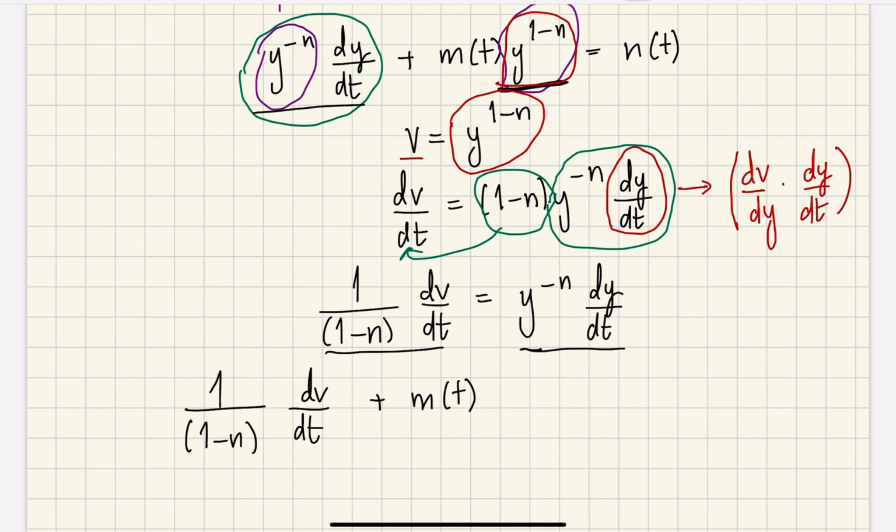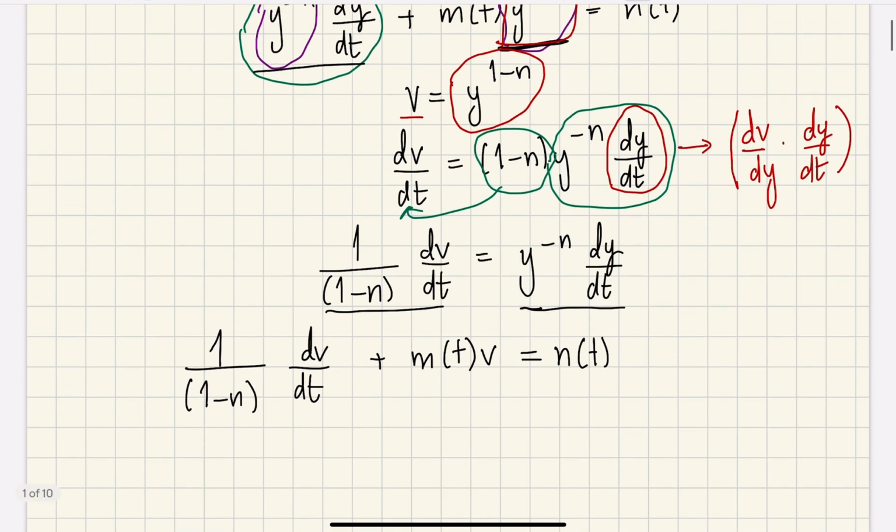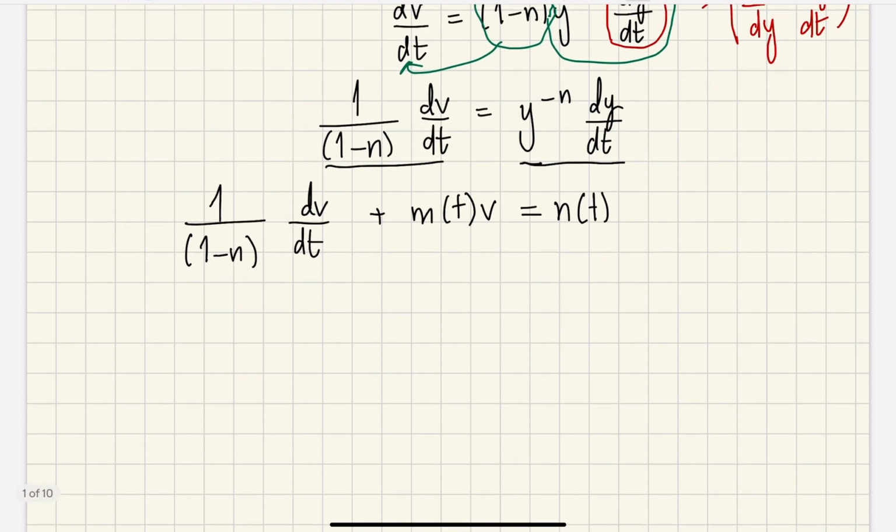So we will write y to the power 1 minus n as v here is equal to n of t. Multiply throughout by 1 minus n, so we can get rid of this thing and have this as a coefficient of 1.